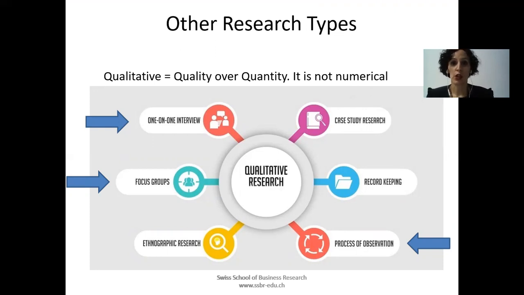For example, if your target group is millennial stay-at-home moms, then you would create a focus group of a specific number, because there is such a thing as too few and there is such a thing as too many, but it would be a specific number of people depending on what kind of research you were doing, of millennial stay-at-home moms, and you would have them all in one setting, where you, as the person in the business organization, will be able to ask them to assess your product, to give you feedback about the product.